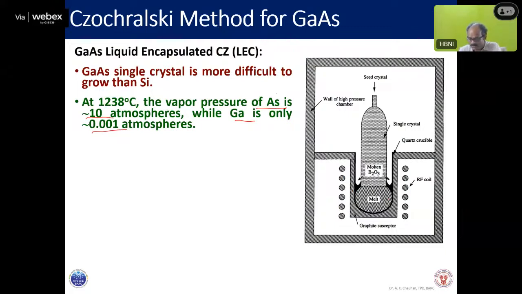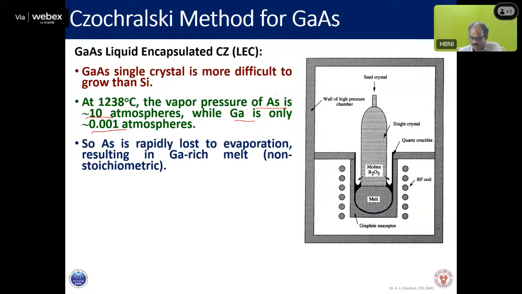If we try to grow this with the Czochralski method and you just keep gallium arsenide in the molten state, within a few minutes the arsenic will evaporate, and what will be left is only gallium. Therefore, it cannot be grown by the normal Czochralski method.